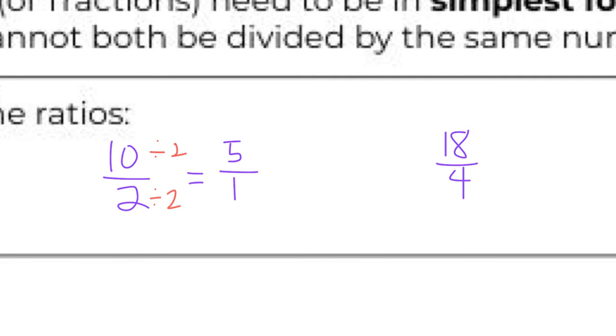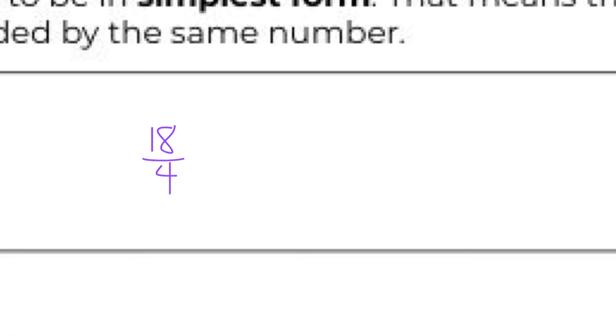And finally, if I look over at this 18/4, in the previous examples, the denominator or the bottom divided evenly in the numerator, so we could just check that. In this case, this doesn't work that way. 4 does not divide evenly into 18. It divides evenly into 16, but not 18. So we got to go smaller than 4. So because these are both even numbers, divisible by 2, I'm going to divide the top and bottom by 2. 18 divided by 2 is 9, and 4 divided by 2 is 2.